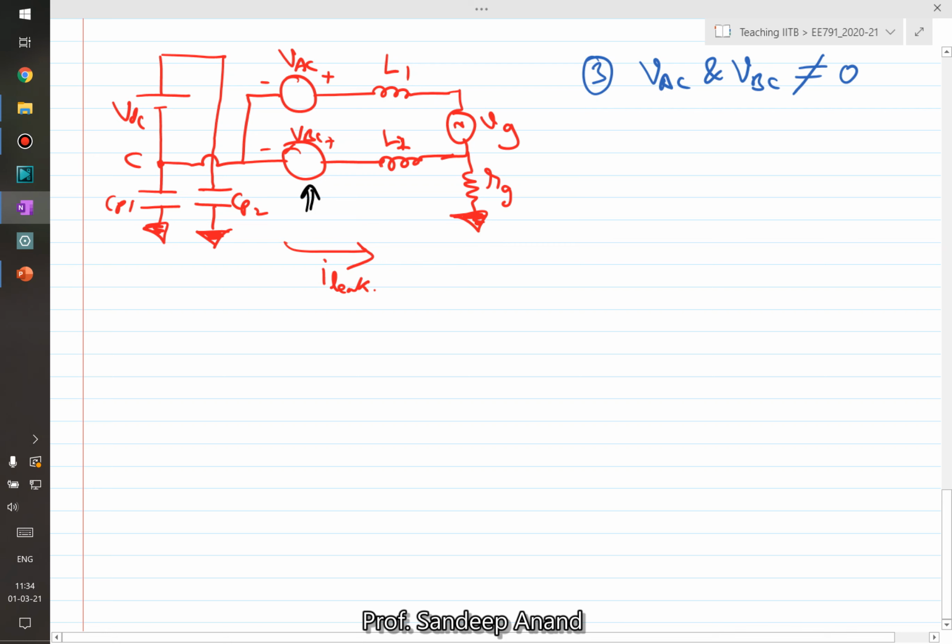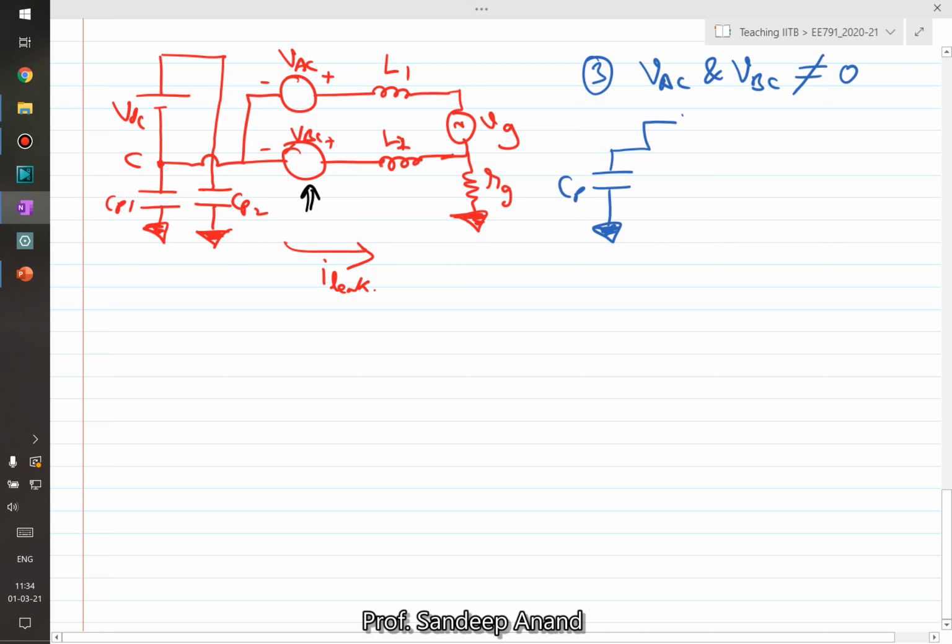So how would the equivalent circuit look like? The equivalent circuit would be VDC is 0. So again, both capacitors will come in parallel and let me call it CP, which is the addition of all the parasitic capacitance because of the panel.